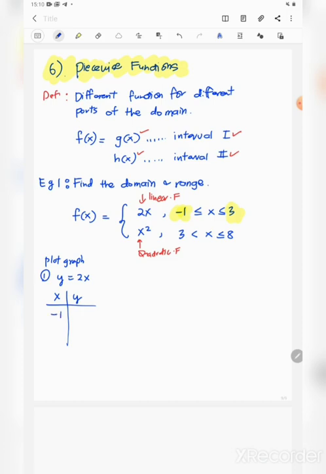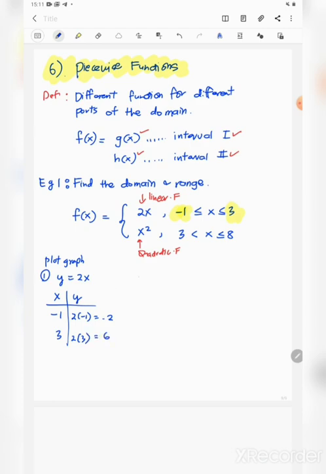Don't worry about the sign, we just take the number and find y. 2 multiply negative 1, we get negative 2. And 2 multiply 3, we have 6.